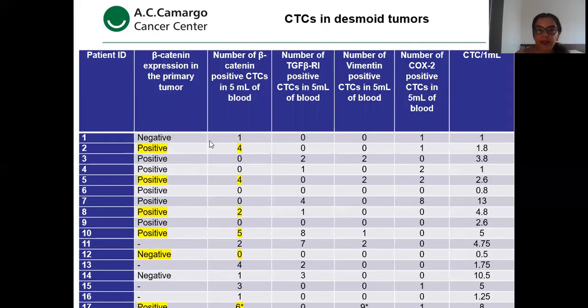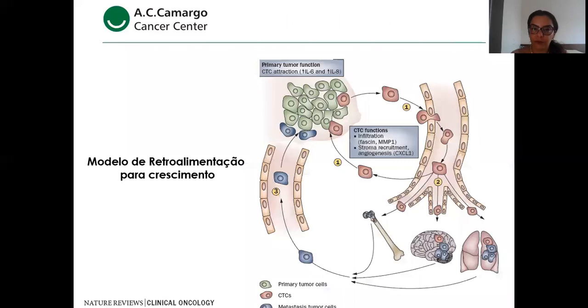We compared the expression of beta-catenin of circulating tumor cells with the primary tumor, and we found 35% concordance, of agreement. Here we can see that the counting of circulating tumor cells in the blood of these 18 patients varied a lot. But yes, we answered the first question. We can find circulating tumor cells in the blood of patients with desmoid tumors.